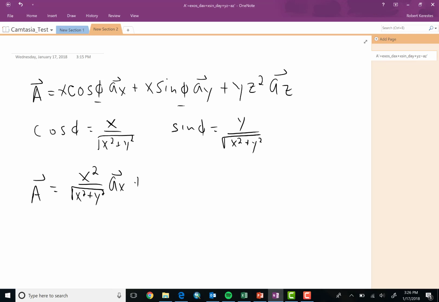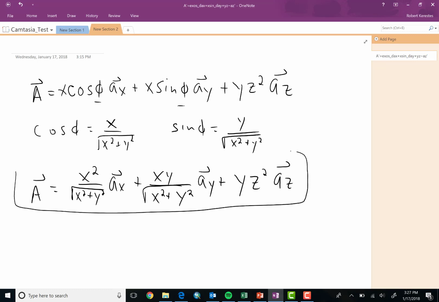And then when we put sine of phi in here, we're going to have xy divided by the square root of x squared plus y squared multiplied by the Ay vector, and then we're going to have yz squared Az. Okay? And that is our vector now transformed into Cartesian coordinates.